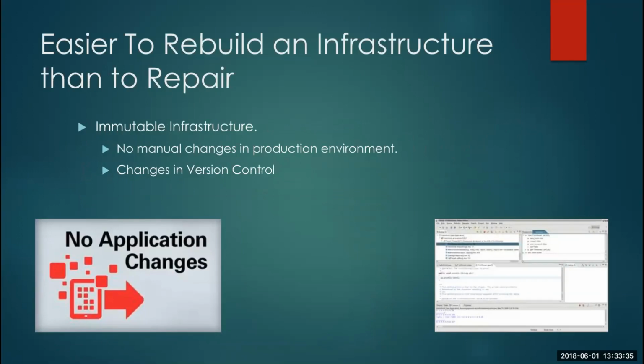There's something called immutable infrastructure. When it comes to production environments, manual changes are no longer allowed. Version control changes are only allowed when the code and the environments are created from scratch. This way, no inconsistencies enter into production.